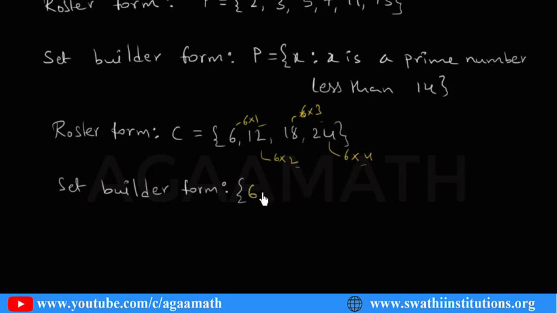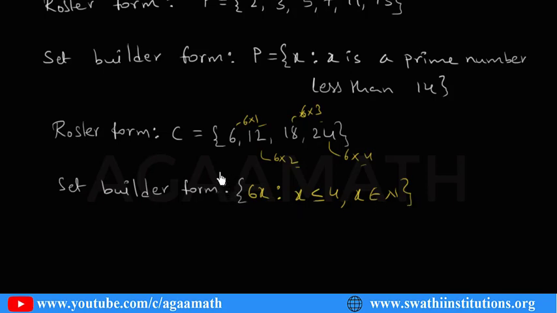You can take any variable; I would like to take x. So 6x such that x is 1, 2, 3, 4, so x is less than or equal to 4, comma, x belongs to natural numbers. So this is one representation in the set builder form.